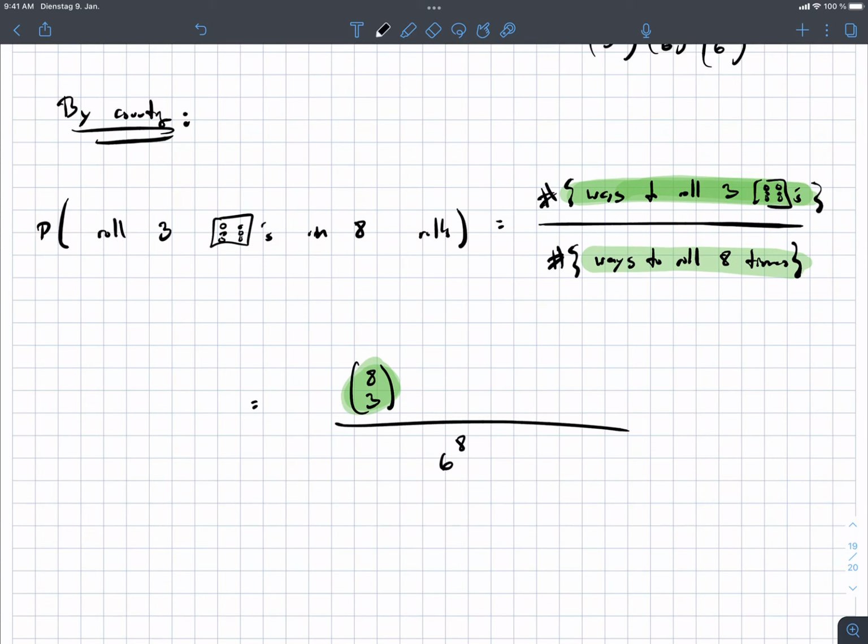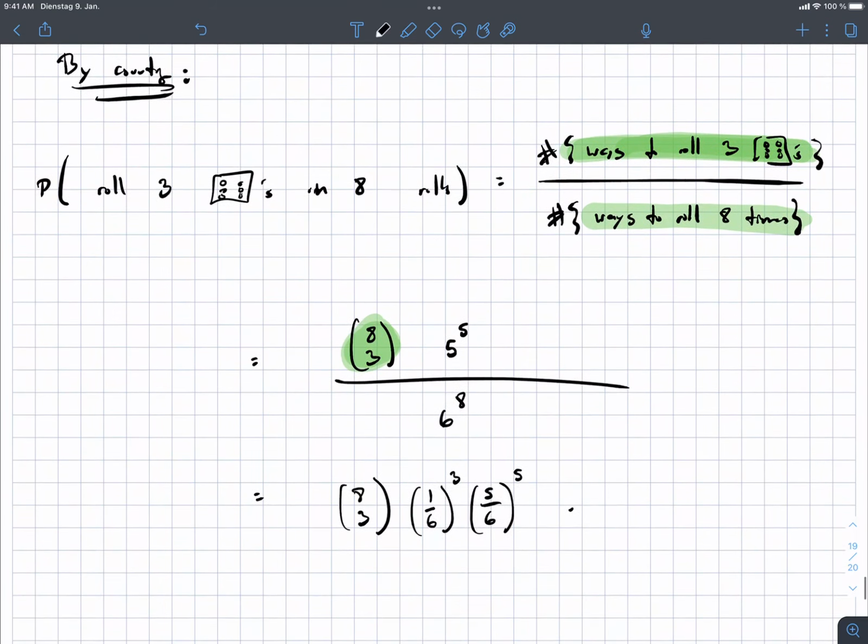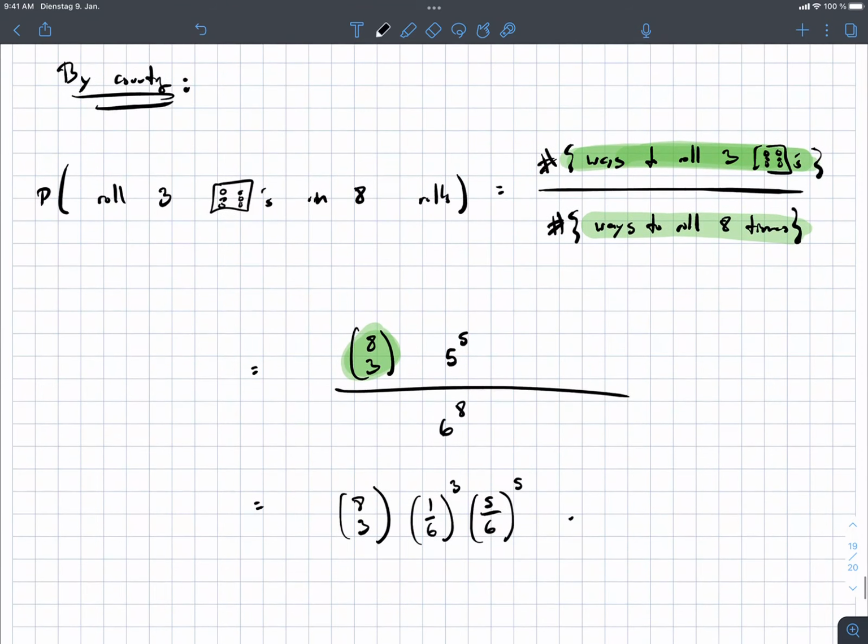So I have 5 rolls left, and for each of those 5 rolls, I have 5 possibilities because they can't be 6s again. So that's 5 to the power 5. And if I just write that in a different way, I see that it's 5 out of 6 to the power 5, 1 out of 6 to the power 3. So I get the same thing. Okay, we are done with this lecture.